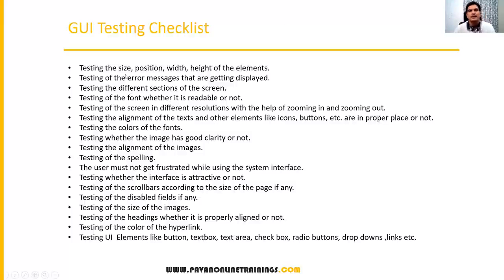And the next one is testing of the error messages that are getting displayed. Whenever you do some kind of invalid action, suppose there is a text box, and the text box is allowing 8 characters, for example, a username or something.